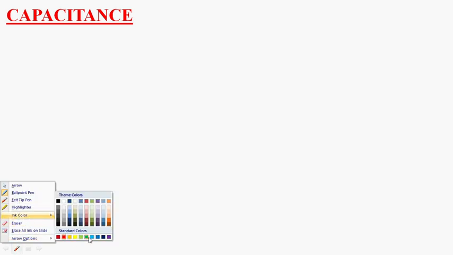Now, whenever two capacitors are connected in series, what happens to the equivalent capacitance? It is just inverse to that of the connection of resistors in series. If you connect two capacitors C1 and C2 in series, then the equivalent capacitance C equivalent will be given by 1 by C1 plus 1 by C2, that is, C1 C2 by C1 plus C2.